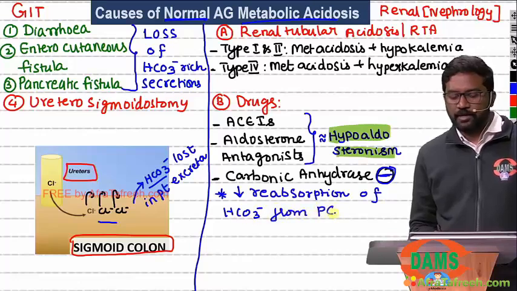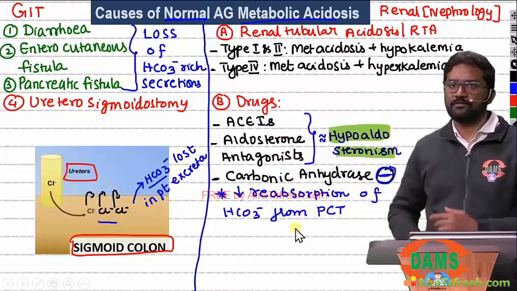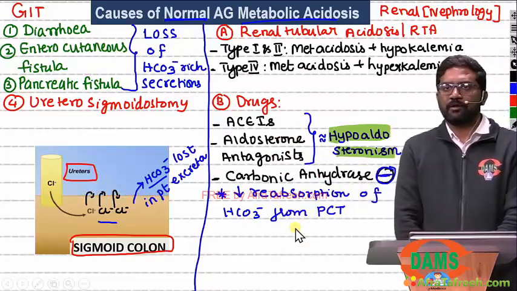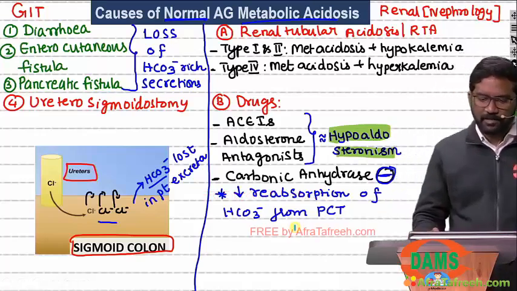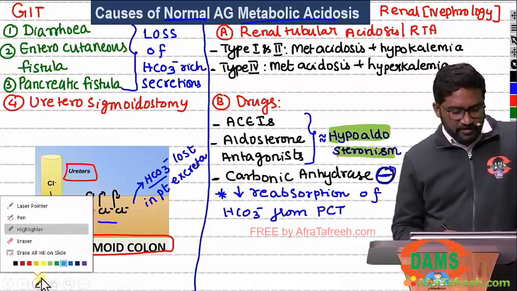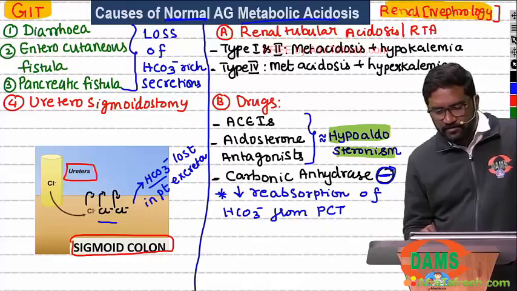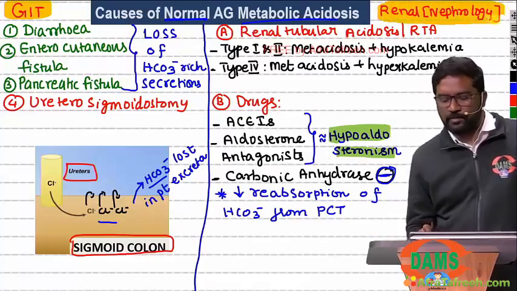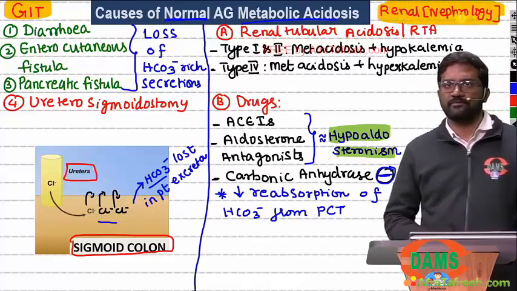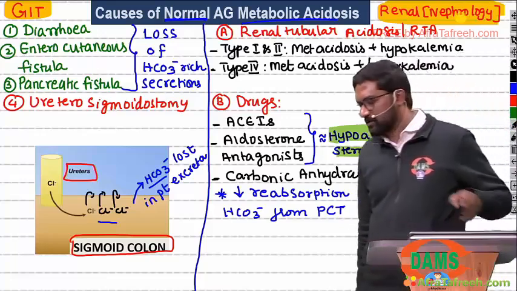Because bicarbonate is not getting reabsorbed, it will be lost in the urine. Anywhere loss of bicarbonate from the body is metabolic acidosis. So in this table we have seen what are the GIT causes and renal causes responsible for normal anion gap metabolic acidosis.